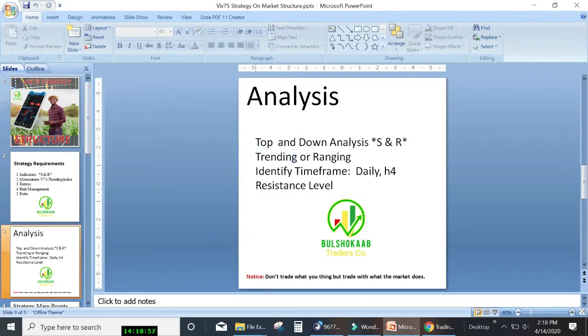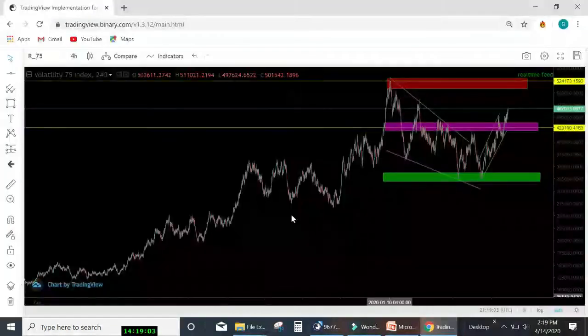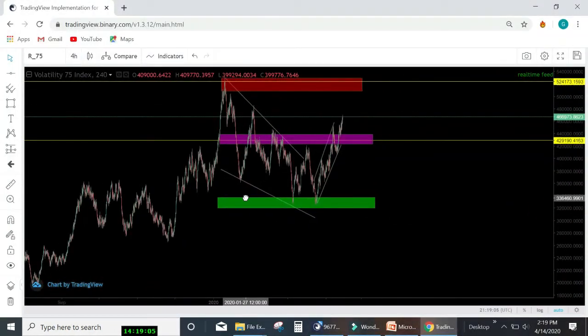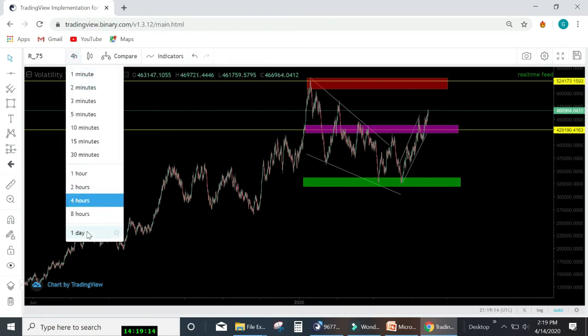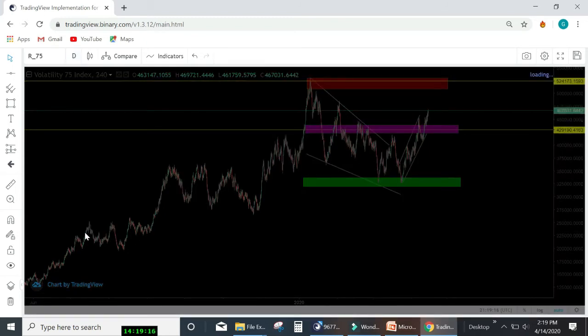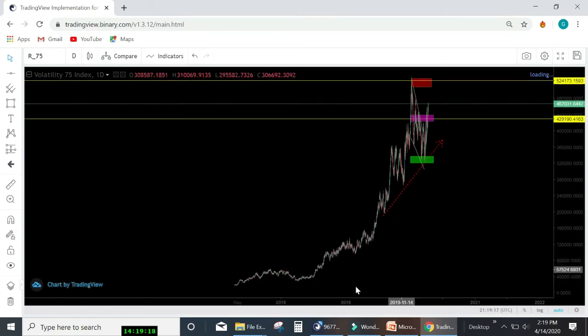Whenever we want to identify the time frame for the price, as you see now, I use the 4 hours time frame and the daily time frame. Why?